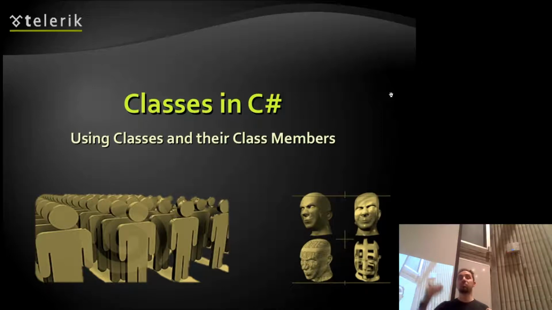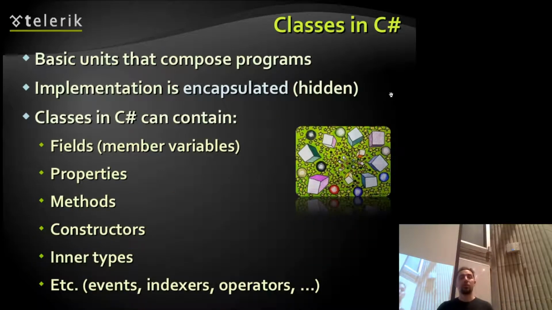So if it has 5 integers as properties, it will allocate 5 integers worth of memory. Okay. Now, we've been using classes since day one because everything in C# has to be a class. It's just that we've been dealing with a special class that contains main, and that's where we start our execution. Okay.